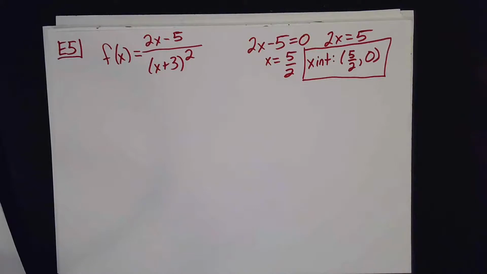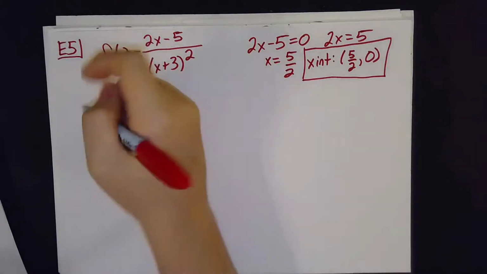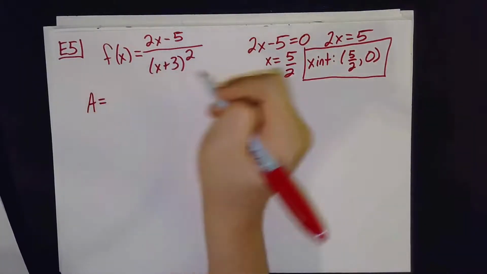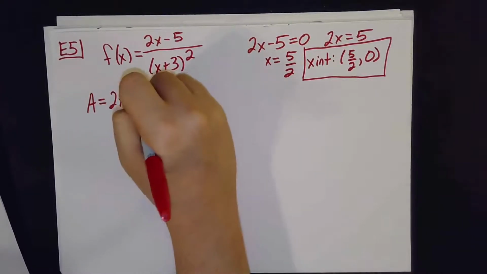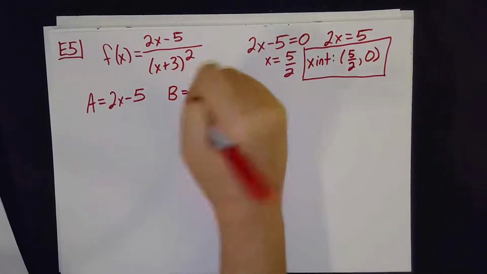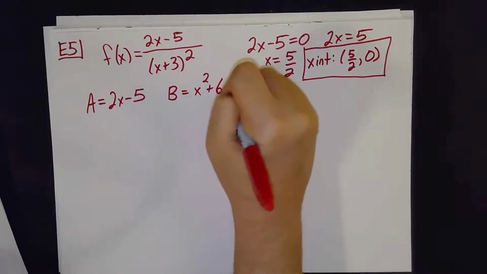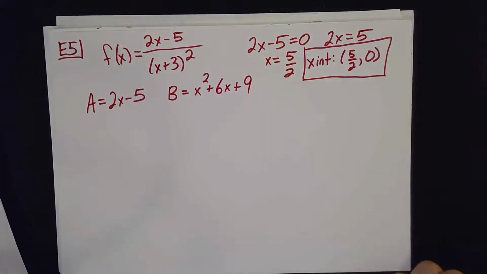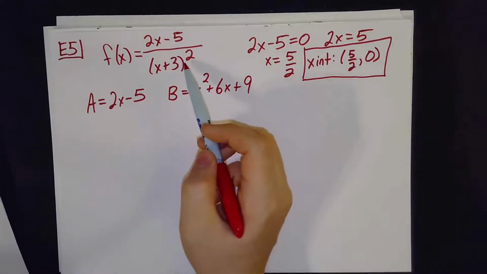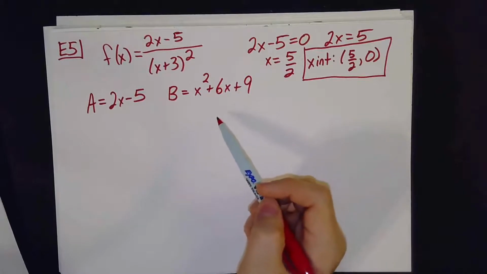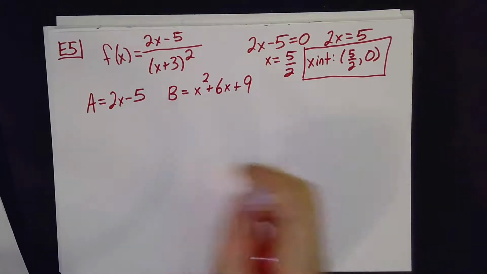The critical point, we're going to need the derivative. So here a is going to be 2x minus 5. B is going to be x squared plus 6x plus 9. I went ahead and FOILed out the denominator before we take the derivative, just to make sure that I know how to take the derivative.